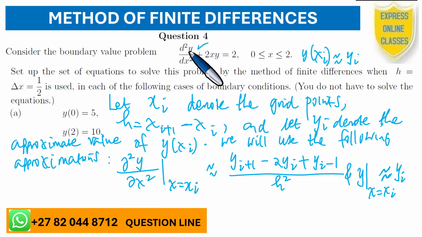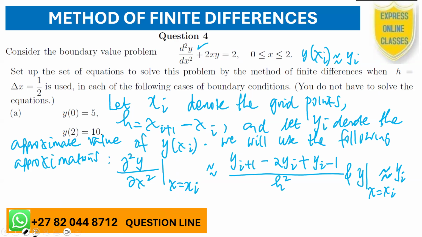So the formula for the d squared y dx squared is this one. We saw it last time, but we use it again today. And the formula for y, because we convert everything to what we call a difference equation. So we have to replace the second derivative by this. The y will be replaced by yi. The x will be replaced by xi.